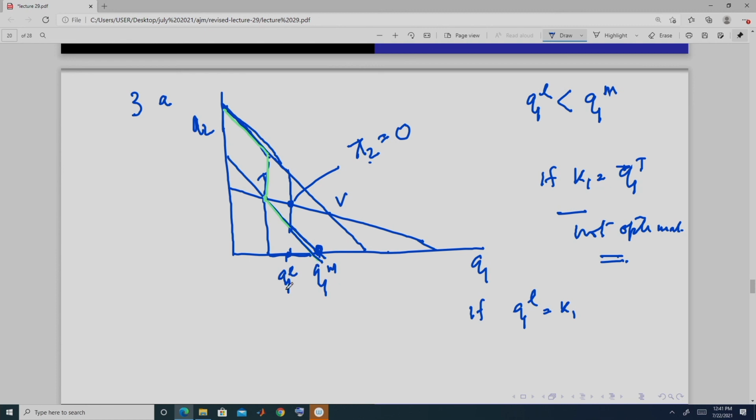So, in this situation, if it produces K1 suppose equal to M this much, the reaction function will be this.